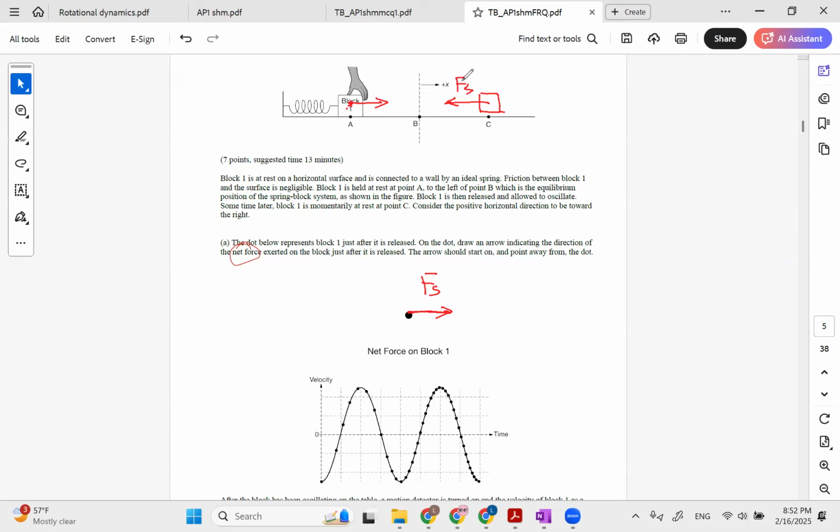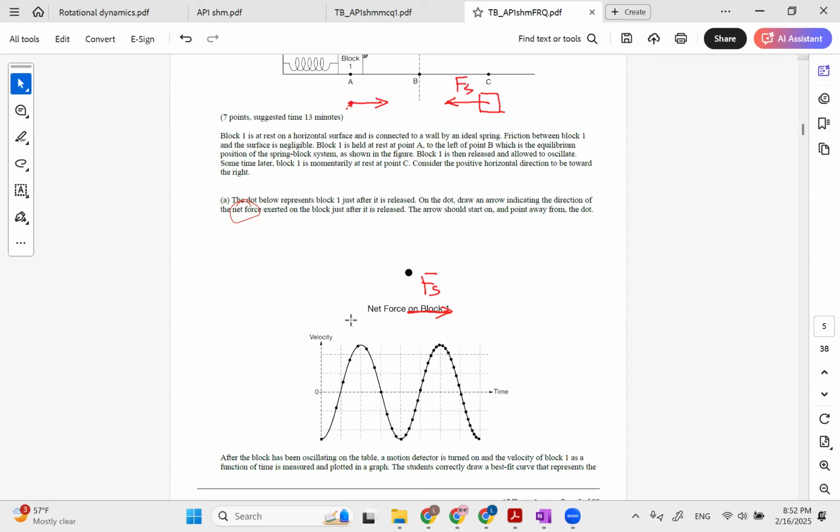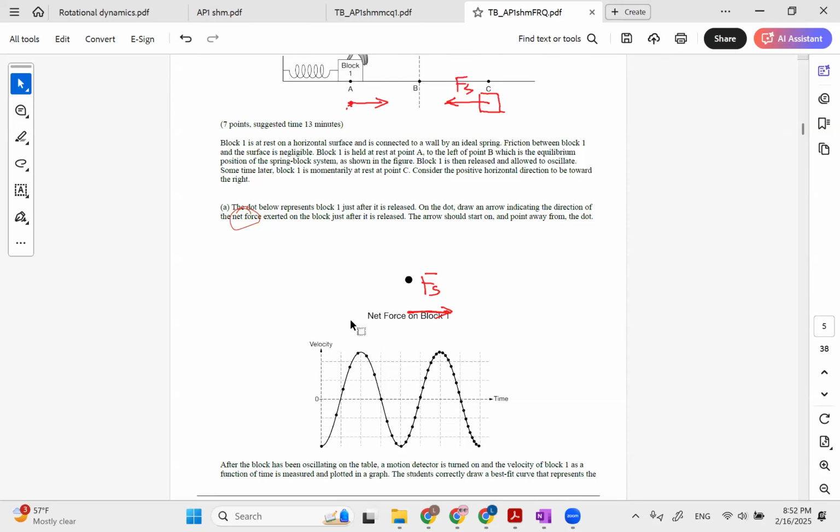You understand why it is going to the right? So the net force will be going to the right. Basically, that's a restoring force applied to the block, right?